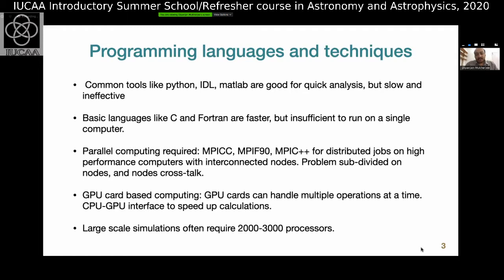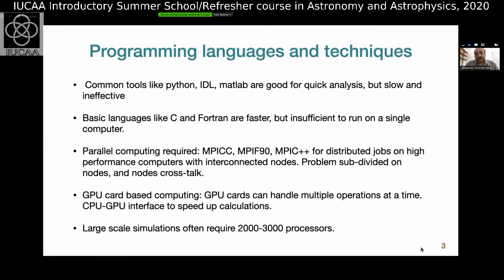So based on the basic structure of C and Fortran, there are other languages which can instruct the computer program to run on multiple computers at the same time. Those are called MPI, or message passing interface. MPI in C is called MPI-CC, in Fortran MPI F90, in C++ MPI C++.